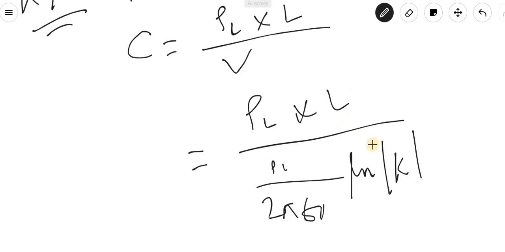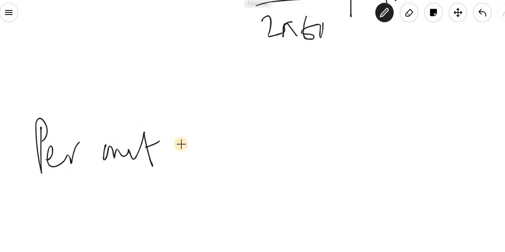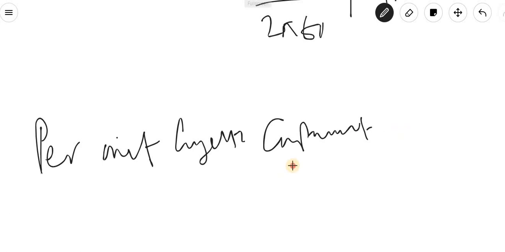Now for this capacitance we can consider that this length is considerable, so we take the per unit length capacitance, in farad per meter.